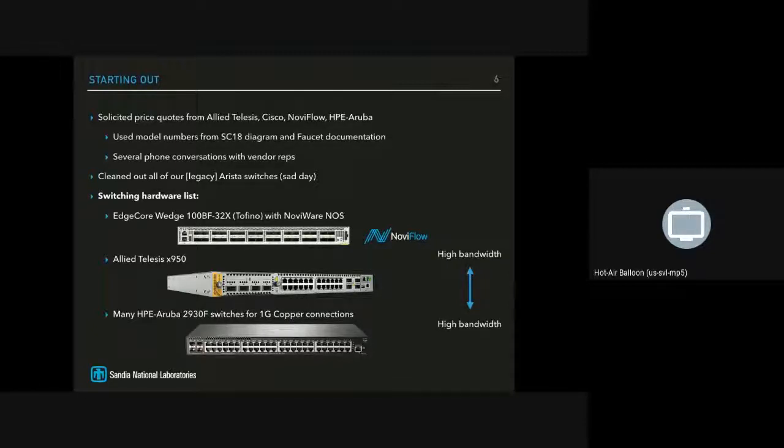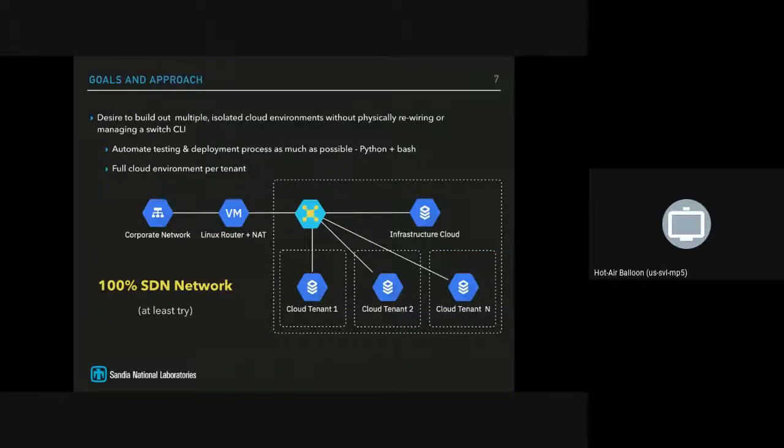But on the higher throughput, we were using Allied Telesis, NoviFlow, and Edgecore. Going back to what our approach was at the time, we wanted to build out multiple separate cloud tenants, and as we decide to image a cloud tenant, create it using Cobbler, we would configure Faucet for how we want the networking to look for that particular experiment.